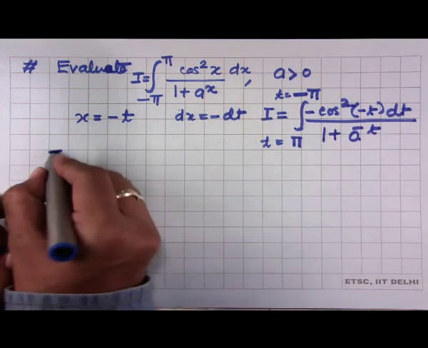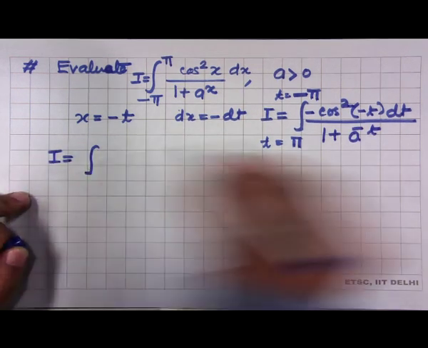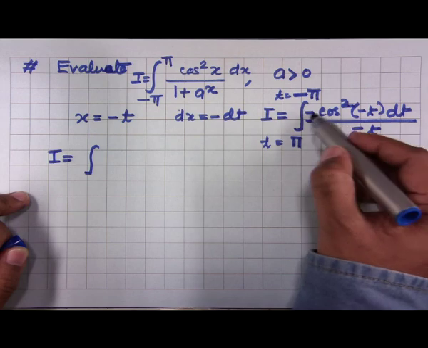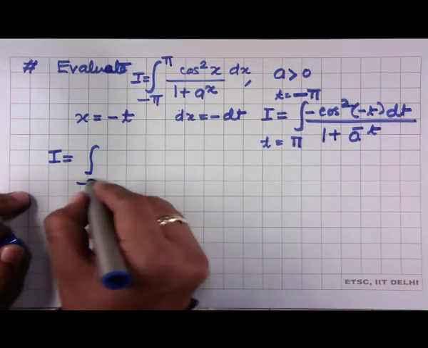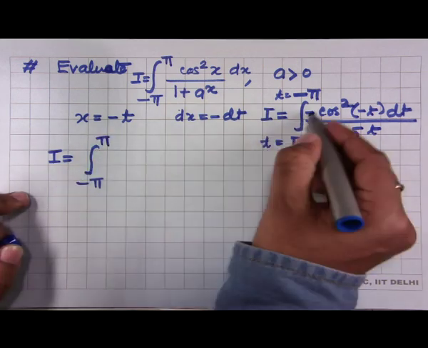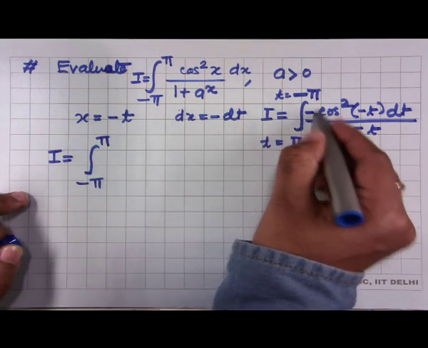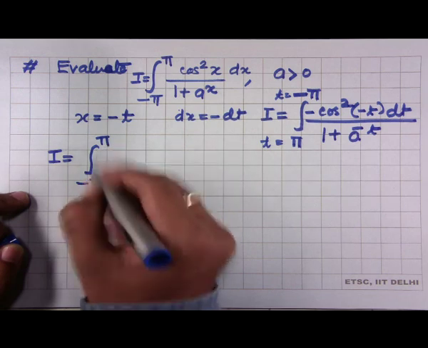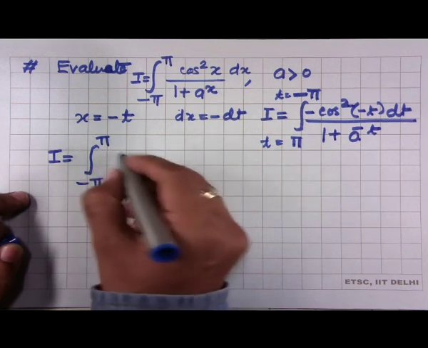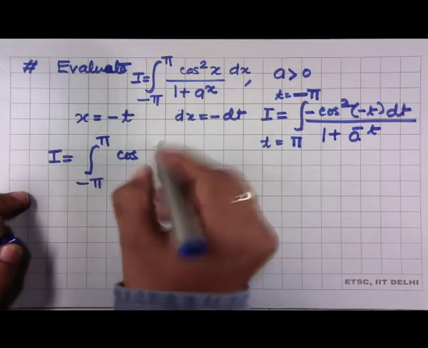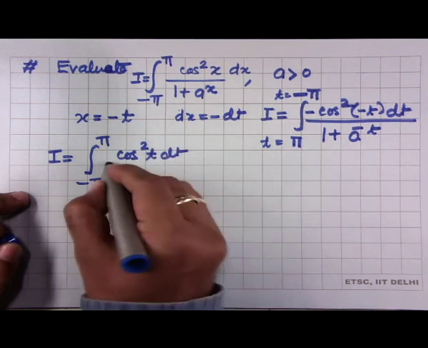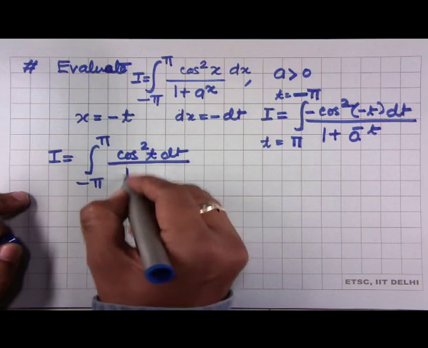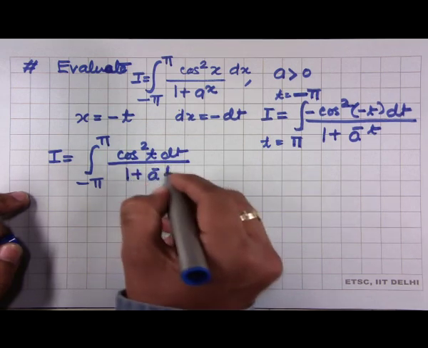So therefore I is equal to, since you have a negative sign here, you can interchange the limits, so you get a positive sign, from minus pi to pi. The minus sign is ignored as soon as you interchange the limits, and cos of minus t is cos t, so you get dt by 1 plus a to the power minus t.